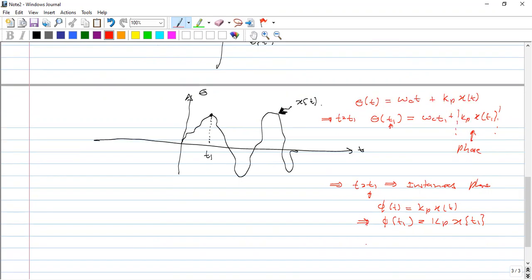In some books, this total term is sometimes referred to as the phase. But according to our reference book, the phase refers only to this part.